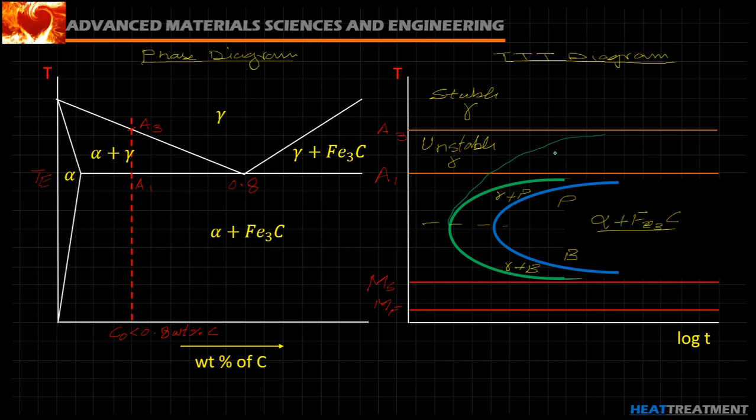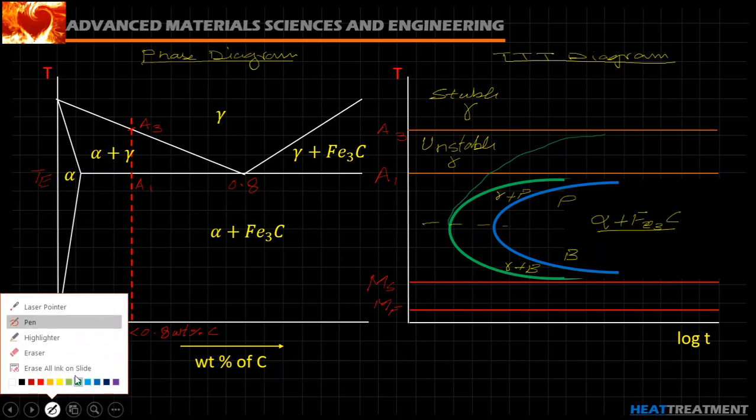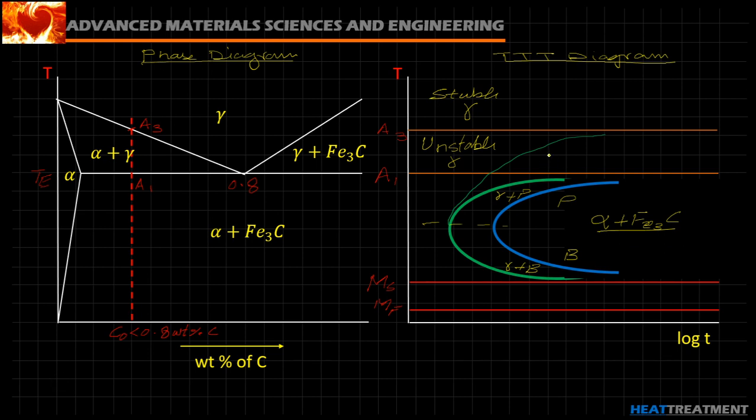So this is alpha start for hypoeutectoid steel. In between we have the gamma plus alpha, and the proeutectoid alpha will continue here also, and finally we will have this pearlite plus alpha.